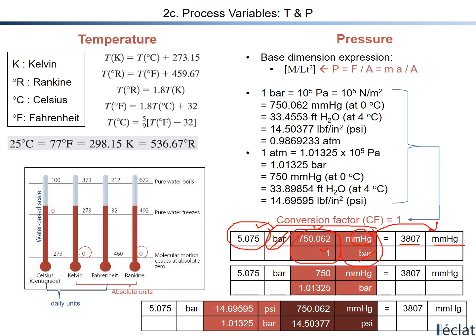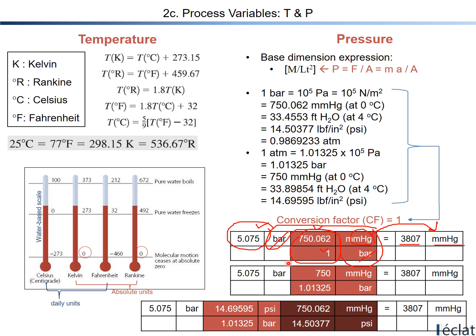Let's go to the second calculation. Of course, I have the same value as the first one. Let me change the pen to pointer. And the same value, but I'd like to use the equal relationship from the second group. Then where is the milli Hg? 750, a little bit different from the first one. And what is the bar? Here is the bar, 1.01325 bar here.